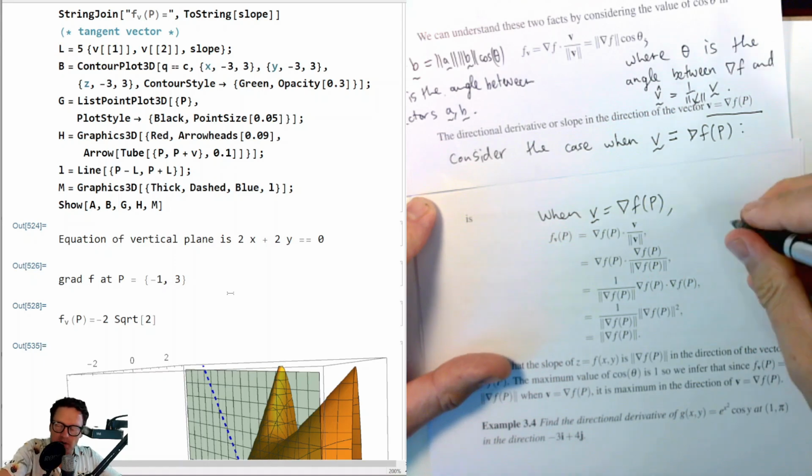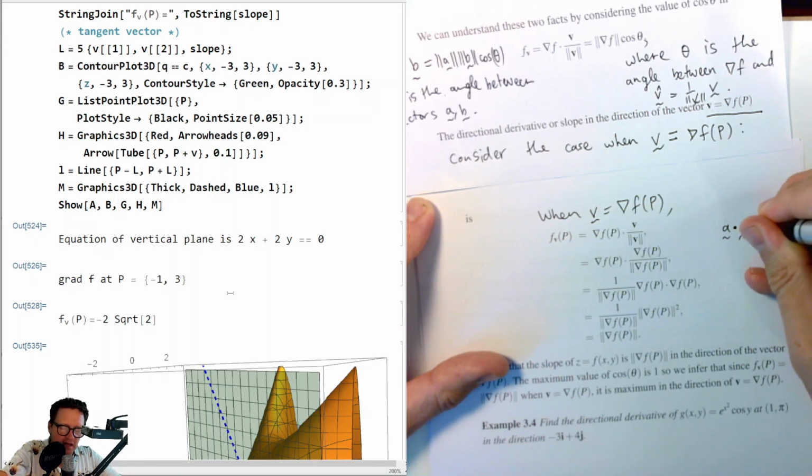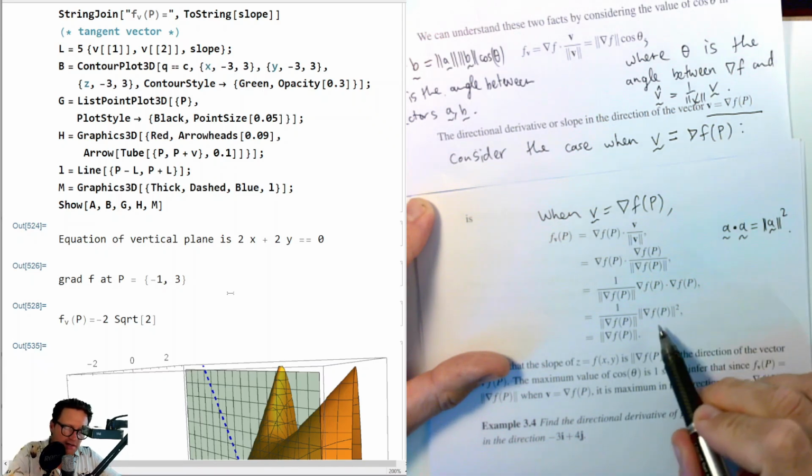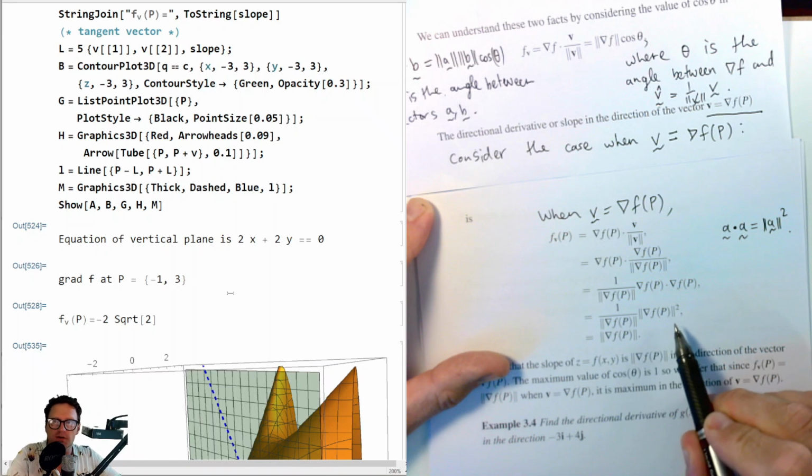Now remember, if A is a vector, then A dot A is equal to the norm of A squared. So this right here is the norm of grad f at P squared.